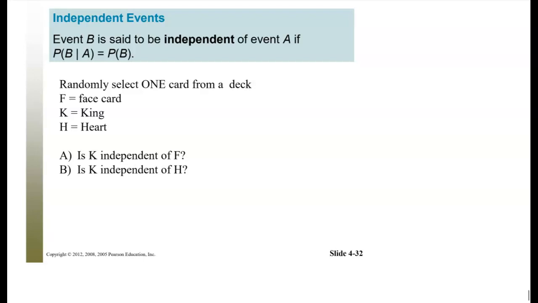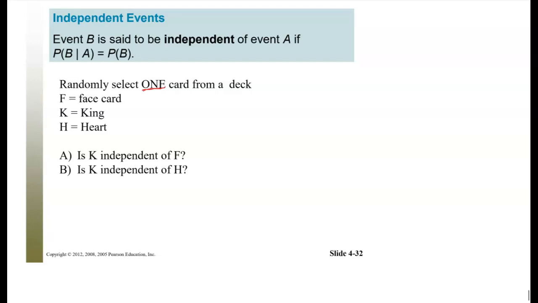So let's go back to, and again, you've got to read the problems carefully, just selecting one card from a deck. We want to know if selecting a king is independent of selecting a face card.